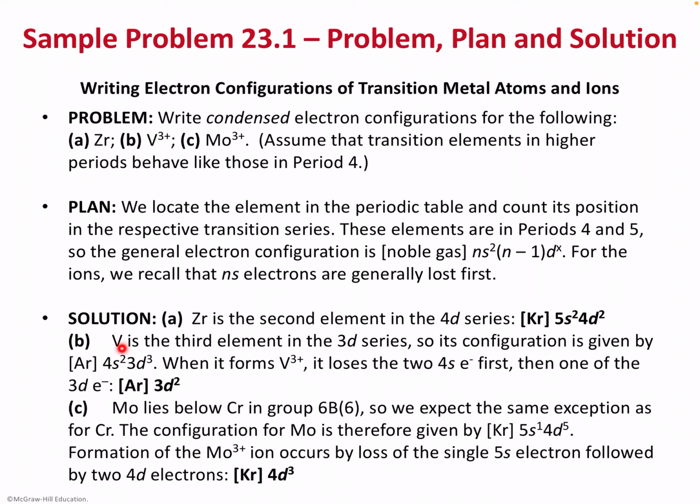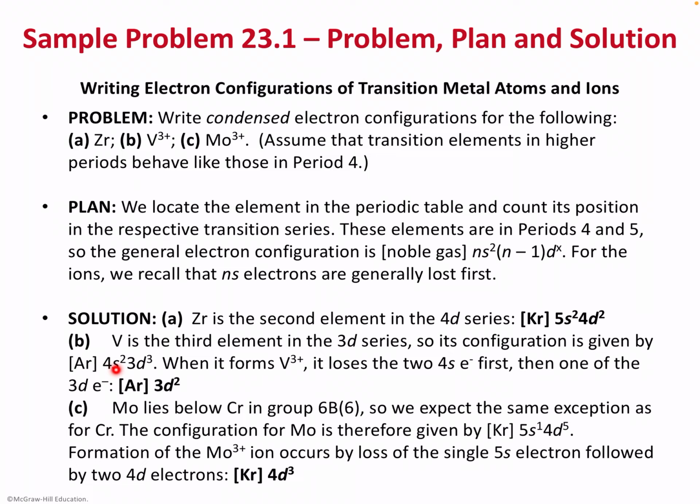Now the vanadium. Look up your periodic table and find where vanadium is, which is the 3rd element in the 3d series. So its configuration is given by the noble gas prior to vanadium, which is argon. It's in the 3d series. So argon, and then it comes in the 4s.